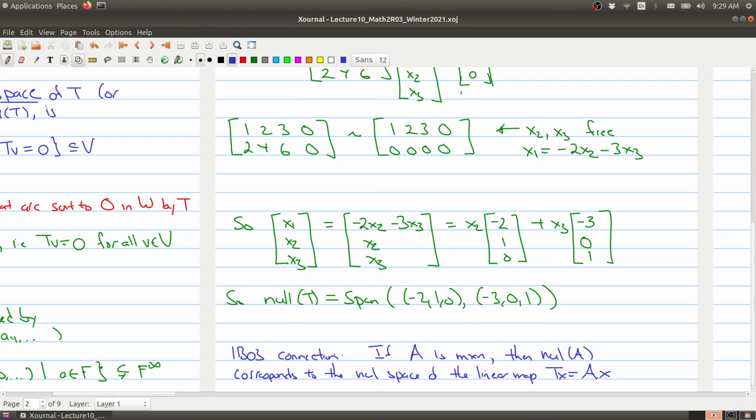So we're just connecting things up in this lecture part here. So in the next part, we'll say a little bit more about the null space of a linear transformation.